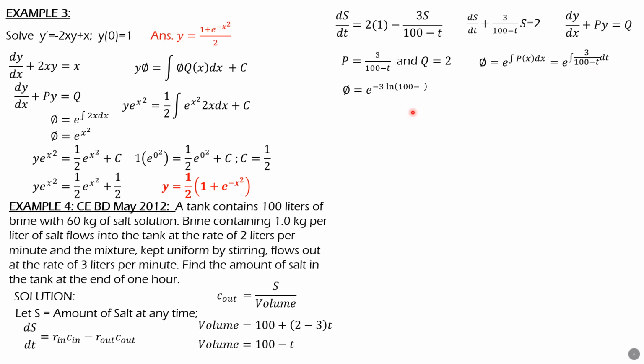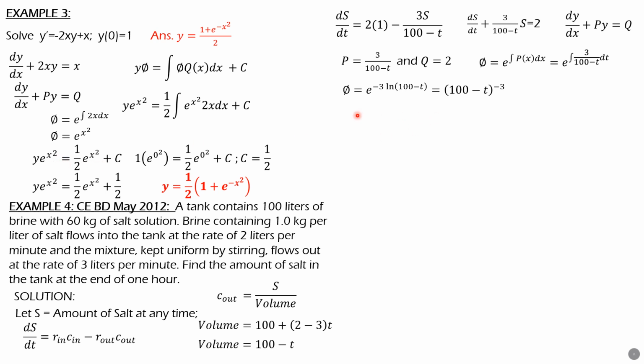That's the integrating factor. And this is also e to the ln of the quantity 100 minus t to the negative 3, which is simply 100 minus t to the negative 3.